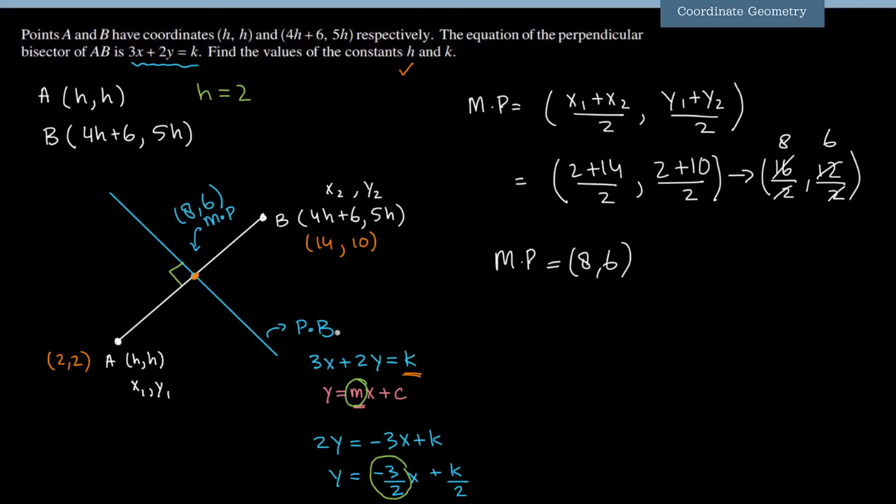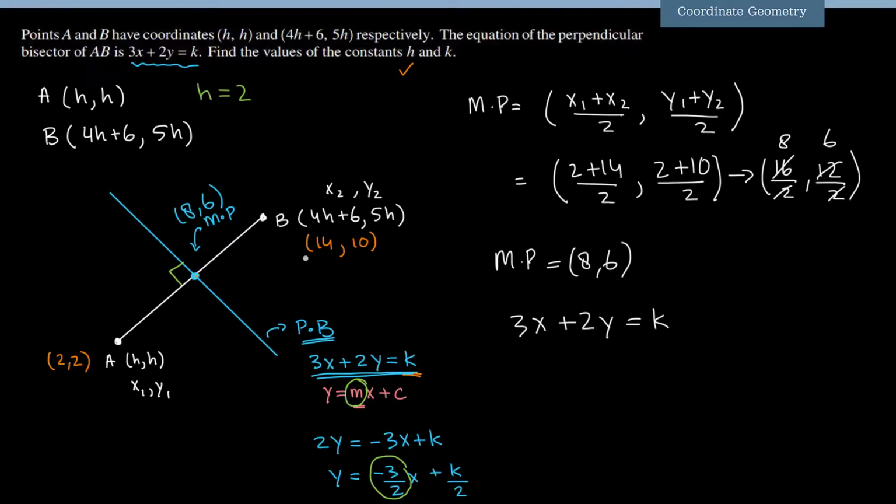Since this perpendicular bisector passes through the point (8, 6), I can substitute (8, 6) in the equation to find the value of k. The equation of the perpendicular bisector is 3x + 2y = k.